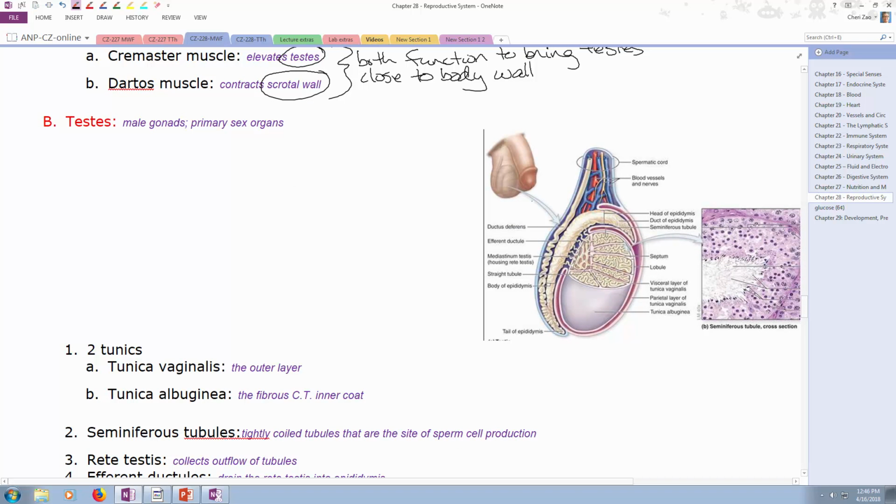Testes are the male gonads or primary sex organs because they produce hormones, which is testosterone, and gametes, which we are going to call spermatozoa.